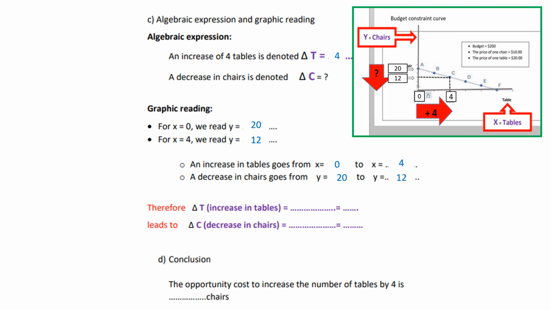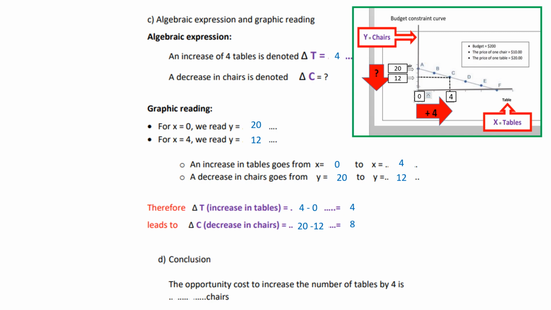We now can summarize our observation by saying that an increase in table is determined by computing 4 minus 0, which is 4, and a decrease in chairs can be computed by having 20 minus 12, which gave us 8. So we can now conclude that an increase in table by 4 leads to a decrease in chairs by 8.